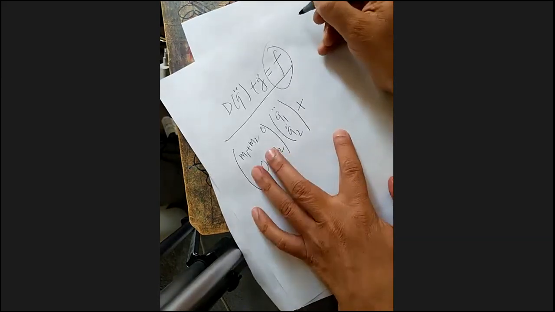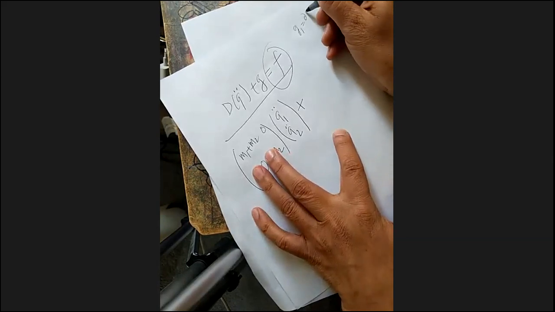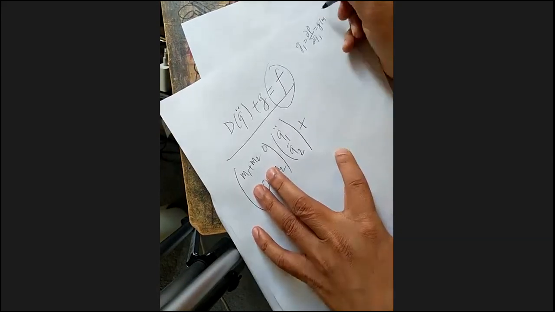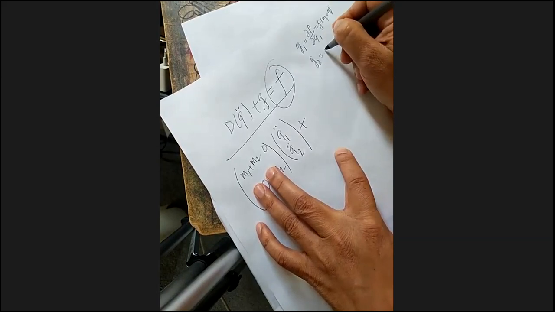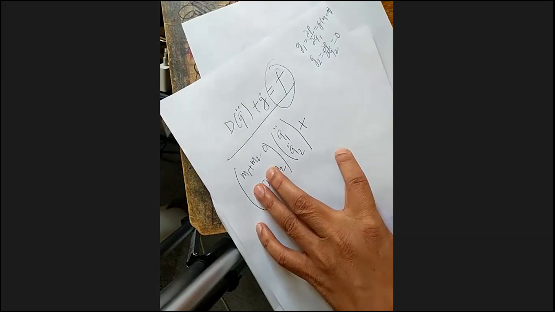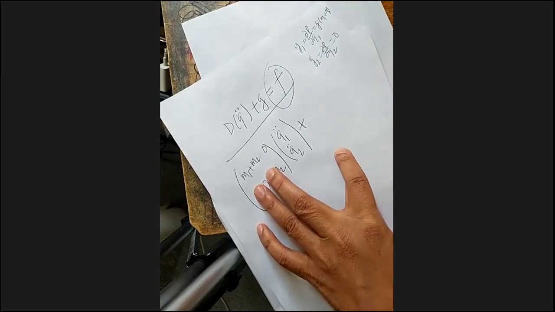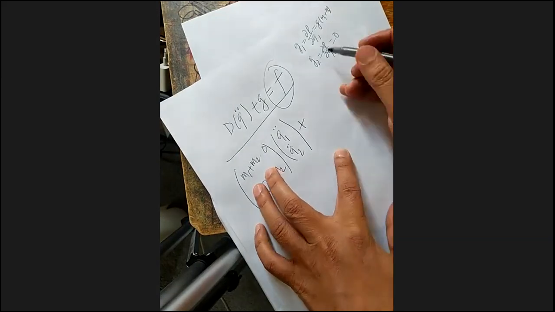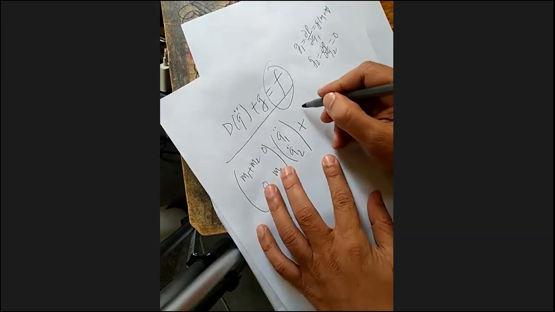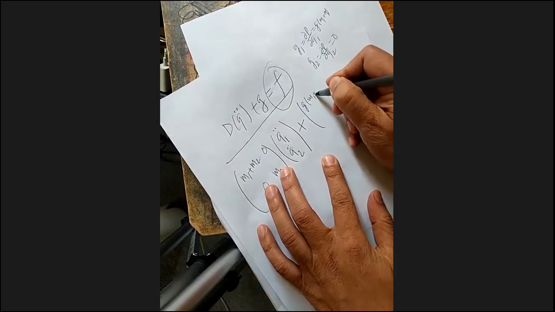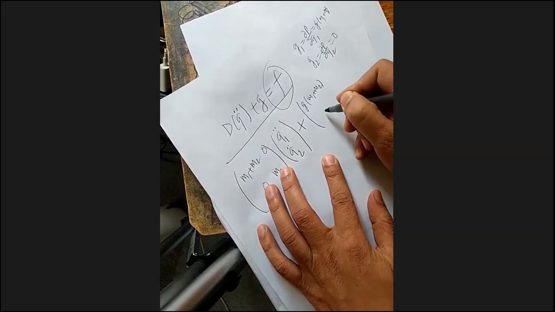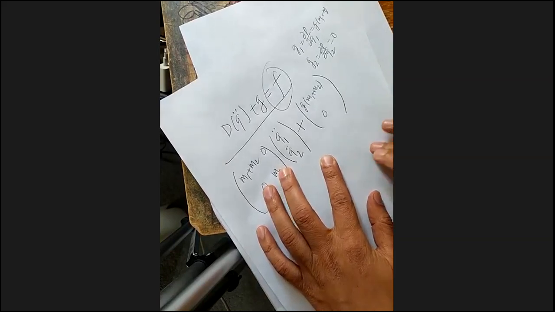G1 is dP over dq1, which is g(M1 plus M2). Then G2 equals dP over dq2, which is 0, right? That's what we had done. So G is g(M1 plus M2), then 0. That's my G matrix.